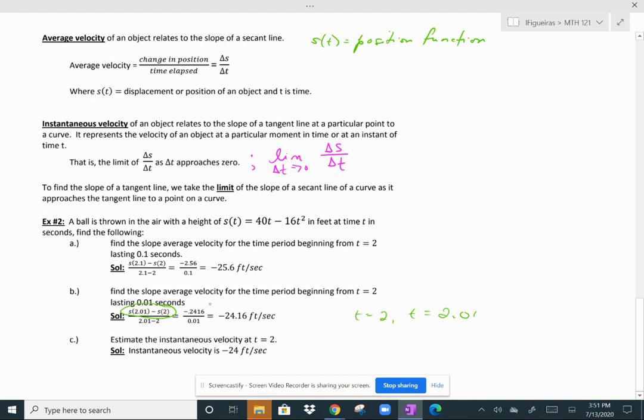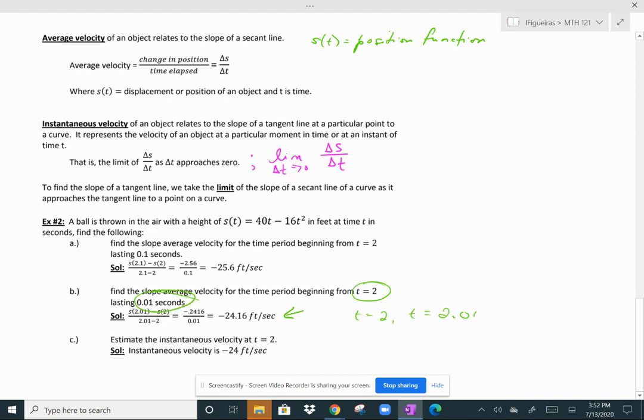That gives us negative 0.2416 in the numerator, divided by the change in t, and remember, that's just a difference in the elapsed time, so that's 2.01 minus 2, so your denominator is 0.01, and when you divide those, you get an average velocity of negative 24.16 feet per second.